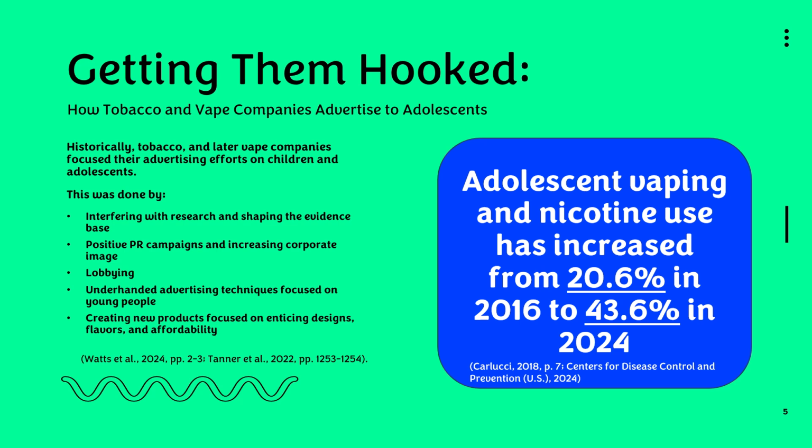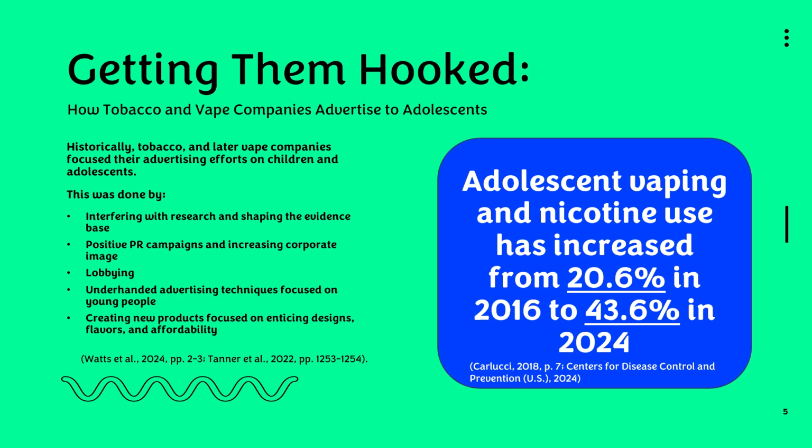And then another way that they are able to pull in more adolescents is strategically targeting them with products that feature really neat flavors like mango and bubblegum and things like that, and really cool looking designs, packaging aesthetics, and things like ease of concealment in their products, as well as product affordability and the presence of nicotine or THC.